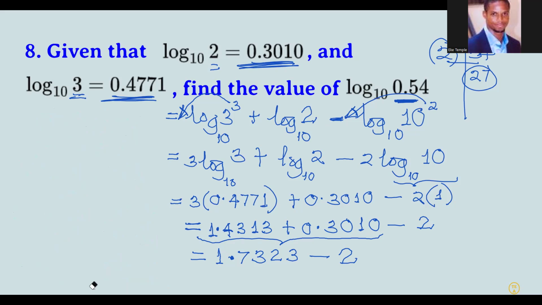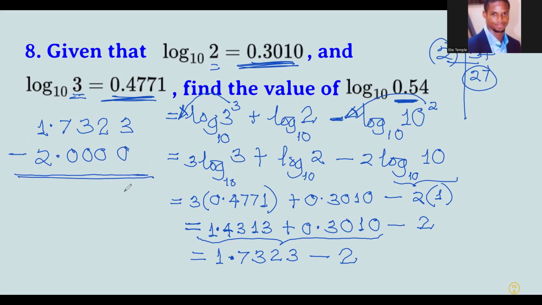Let's go. So have them in layers. 1 point 7, 3, 2, 3. Now to subtract the way it is written, 2.0 all the way, so that it is a decimal like the one on top. Let's subtract. 3 minus 0, that's straight away 3. 2 minus 0, that's 2. 3 minus 0, that's 3. 7 minus 0, that's 7.